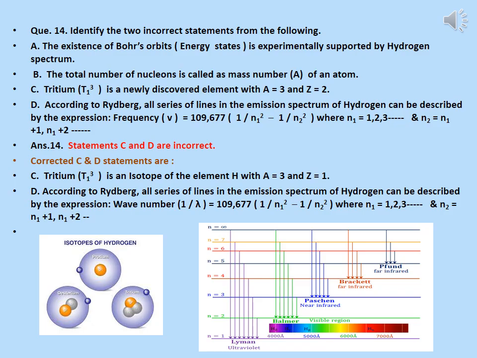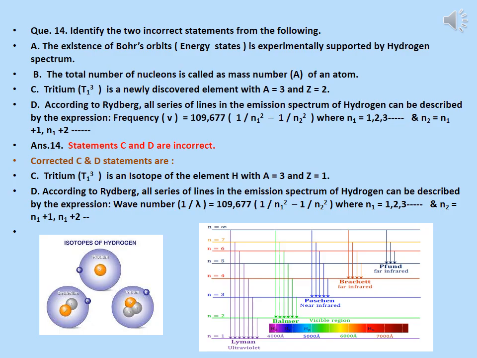Protium has one proton with one electron in the n equal to 1 energy state. Look at deuterium. One electron is there in deuterium and tritium also, but inside the nucleus in deuterium there is a proton and a neutron. So its mass number would be 2, for the deuterium isotope.